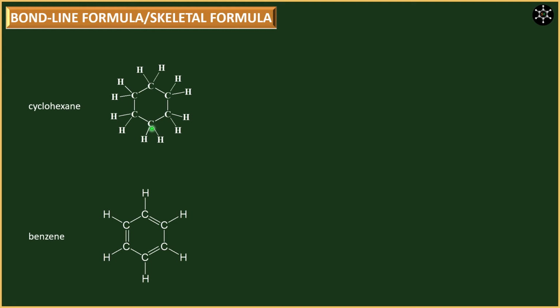In the cyclohexane structure, we have 6 carbon atoms connected in the form of a ring. Even in the skeletal representation, we will be writing 6 dots in the form of a ring. 1, 2, 3, 4, 5 and 6.